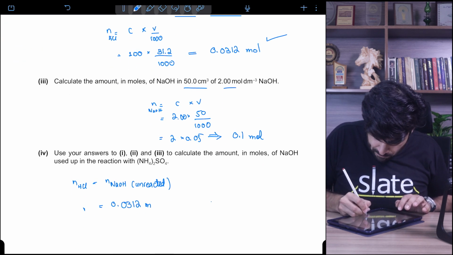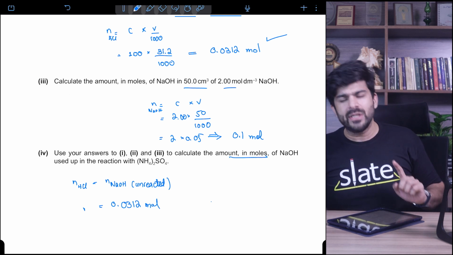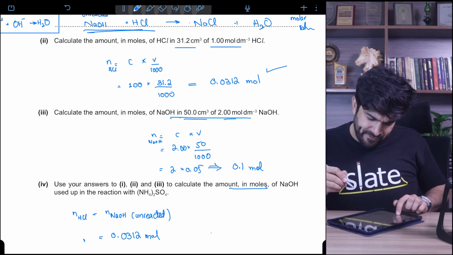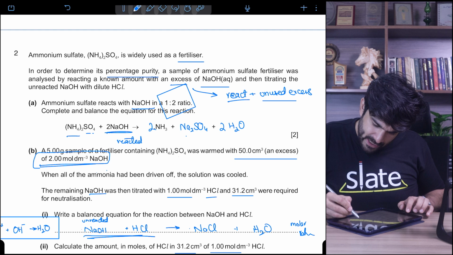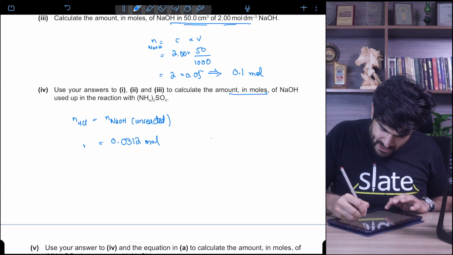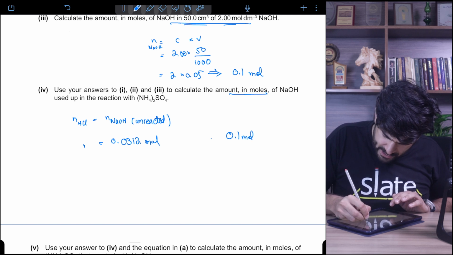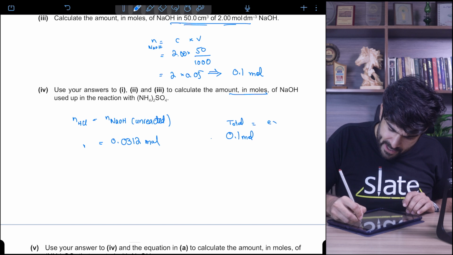That would be 0.0312 moles. Now calculate the amount in moles of NaOH used up. Now ये जो आपके NaOH की value given है, 50 centimeter cube of 2, this is the total value. So हमारे पास ये जो 0.1 mole है, 0.1 mole NaOH is total. So total में क्या होता है?